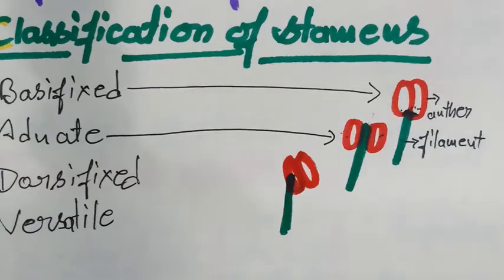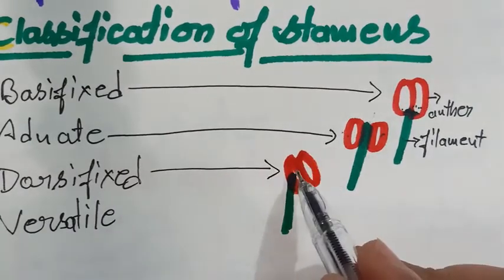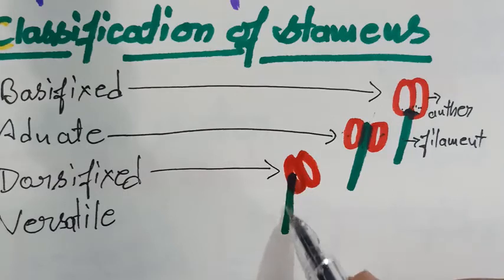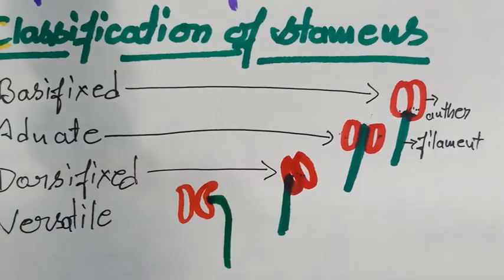Now next one is, so student, in dorsifixed, the filament is attached to the back of the anther. Example prunus, acacia. Now next one is, so in versatile student, the filament is attached to the back of the anther by a sharp point, leaving the anther free to swing.